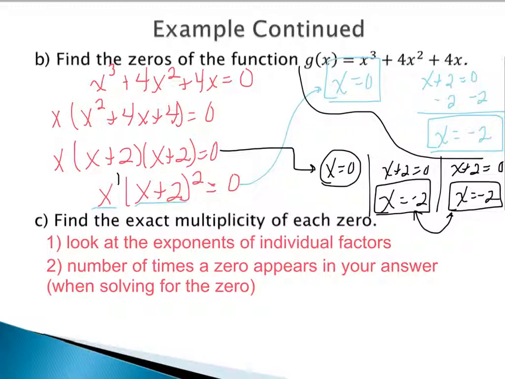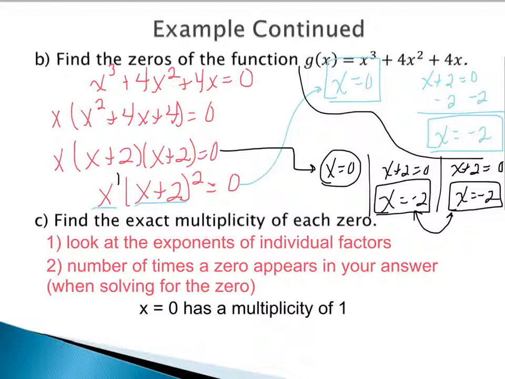So for x equals 0, we would say that it has a multiplicity of 1, because going back to our exponent, we had an x to the first, which gave us one answer of x equals 0. So x equals 0 has a multiplicity of 1. X equals -2, going back to its factored form, came from the factor of x plus 2, but x plus 2 had an exponent of 2.